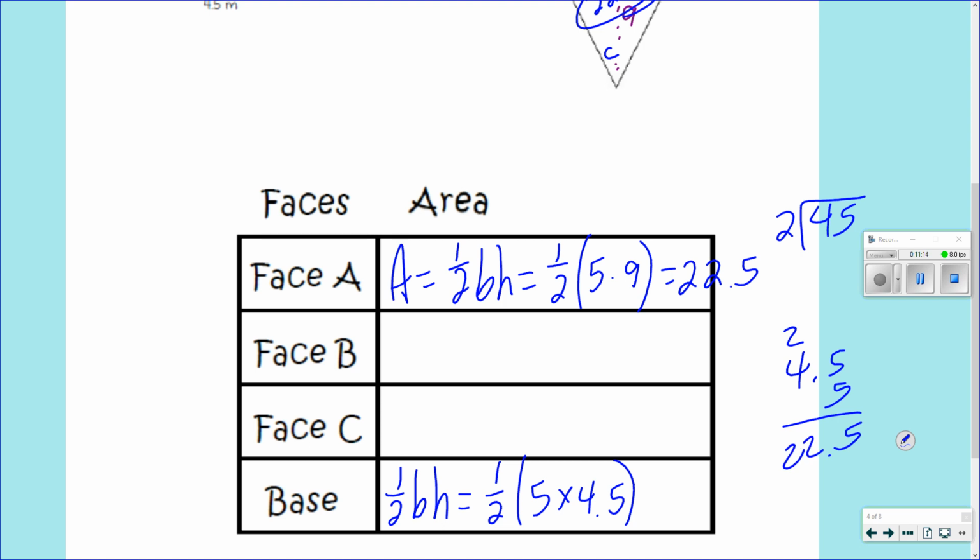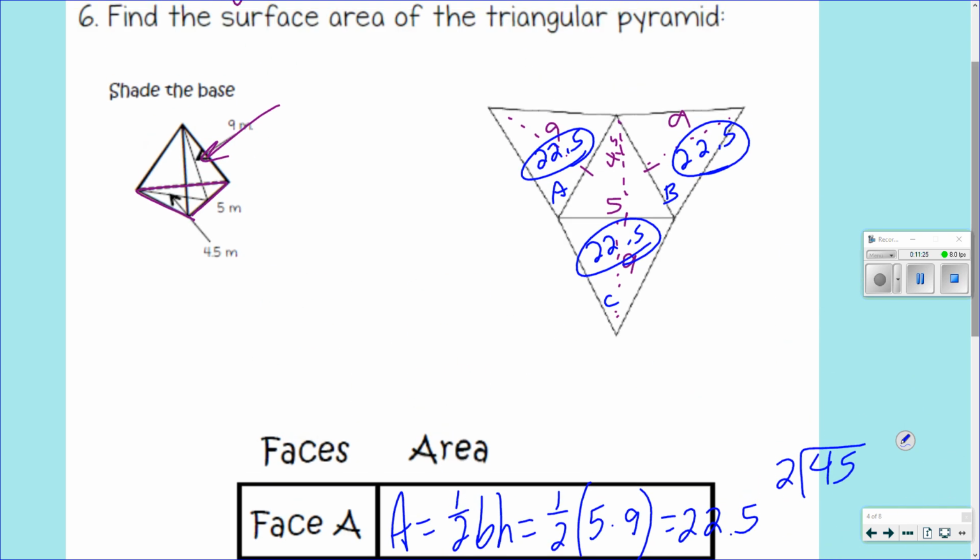And then we have to divide that by 2. Is that 11.25? Yes. Okay, and so that's your base, 11.25.